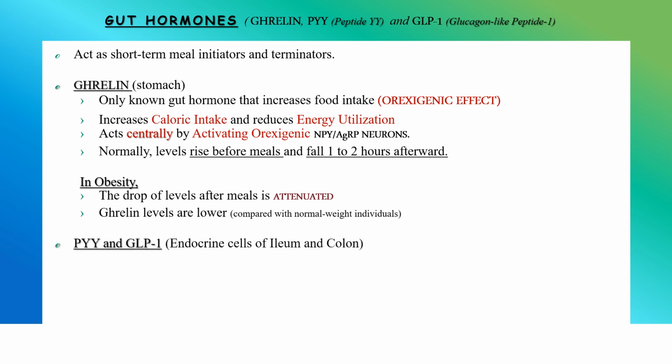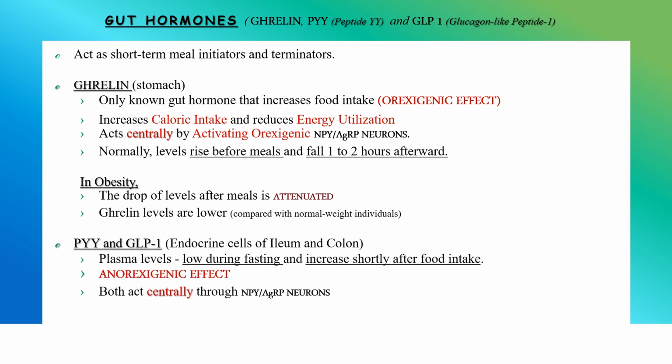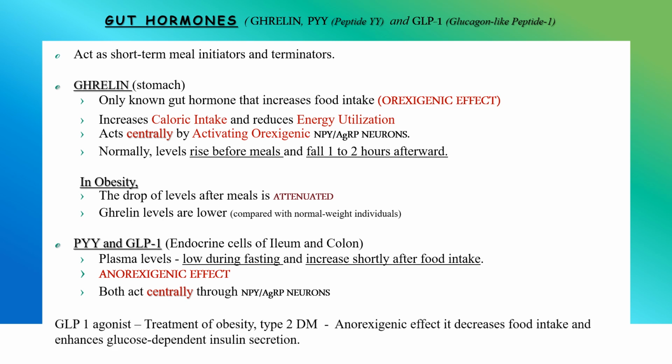The second set of hormones that we saw were peptide YY and GLP. These are secreted from endocrine cells of the ileum and colon, right? The levels of peptide YY and GLP-1 are lower during fasting and they increase shortly after food intake. Therefore, they have an anorexigenic effect.